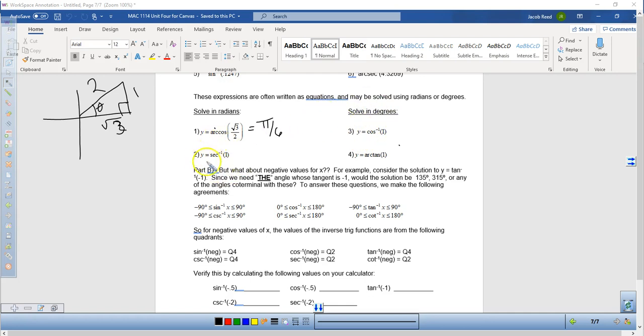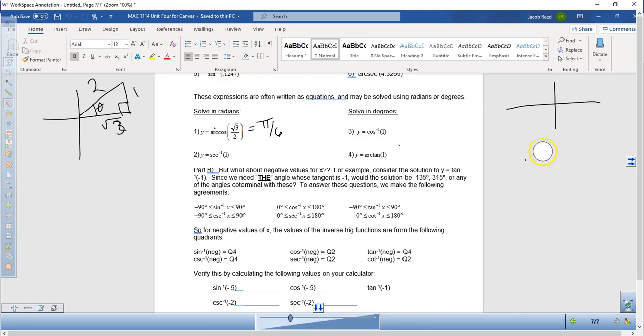Now looking at number 2, secant inverse of 1. Well, we know that if we're talking about secant, that means we're also talking about cosine. Secant is 1 over cosine, and so we need to know, when is secant 1?